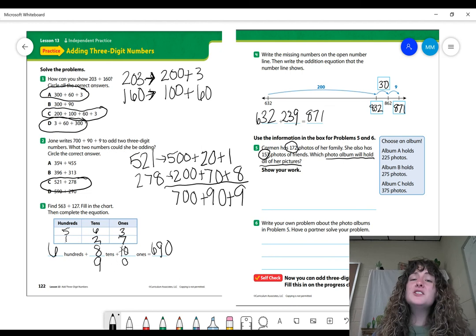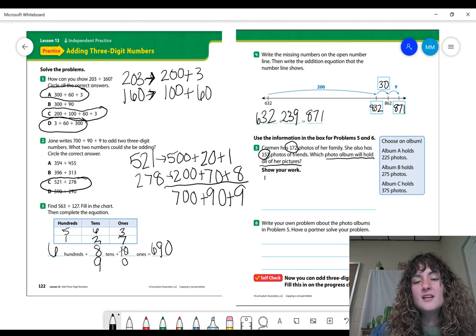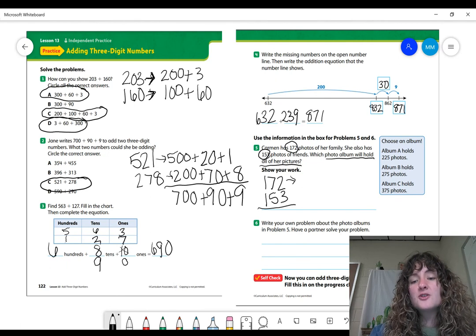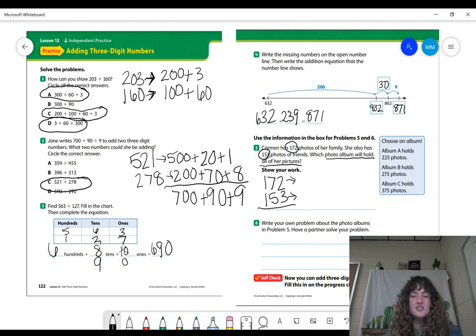So what we need to do first is find how many pictures she has altogether of her family and friends. When we find that whole, we will be able to choose which album is going to be the best fit for her. So let's find the whole for 172 plus 153. And I am going to show the value of these digits.